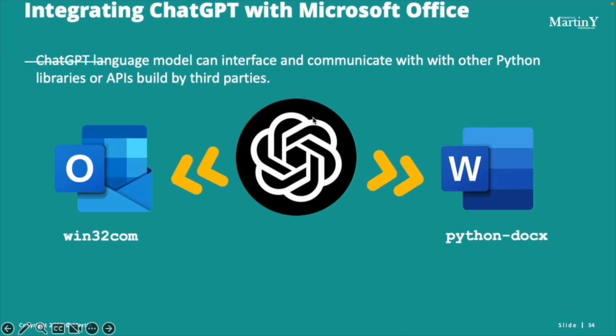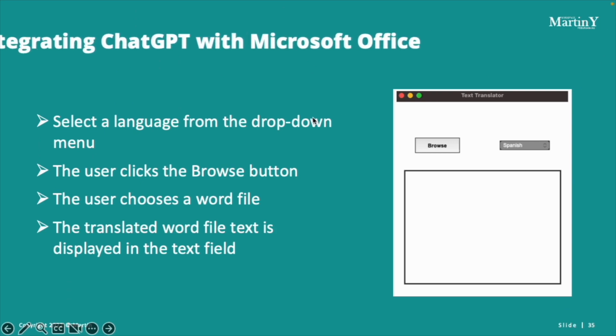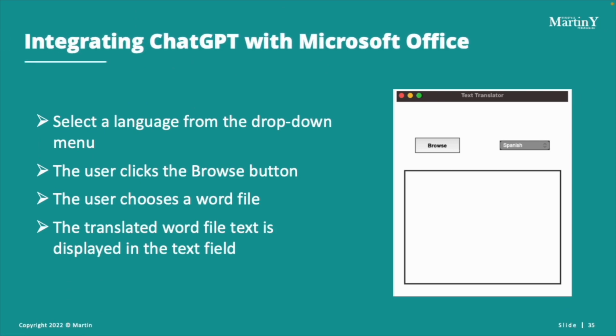And finally, this is going to be the application that we will build today. So today we're going to build a simple language translation application using the ChatGPT API, tkinter, and also the Python docx library.